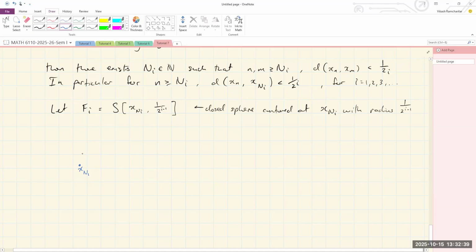So the radius is 1, and it's closed, so I want to draw the circle to show the closed boundary. This guy is F1. And notice by construction that F2 will be inside of it. Why is that true?